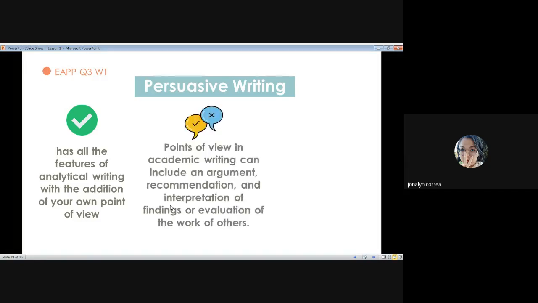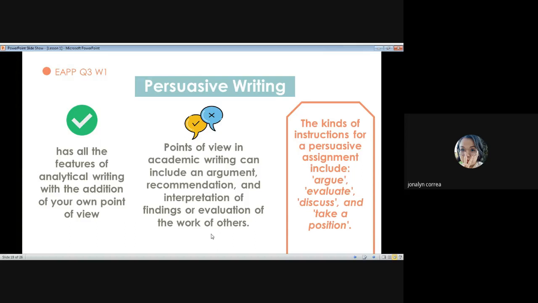Next, the points of view in academic writing can include argument, recommendations, interpretations, and finding or evaluation of the work of others. Maybe you're asking, isn't it opinionated? But these opinions are based on facts. So they are not related to non-academic writing.